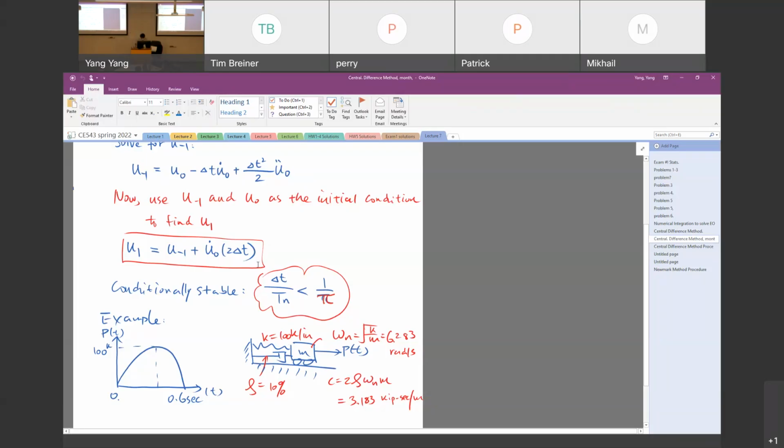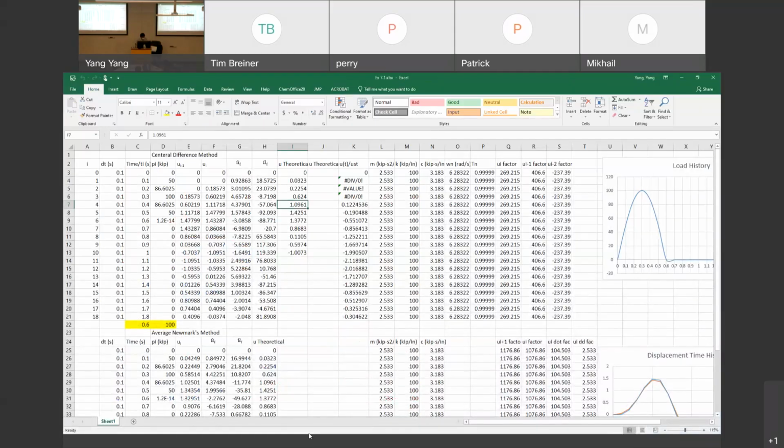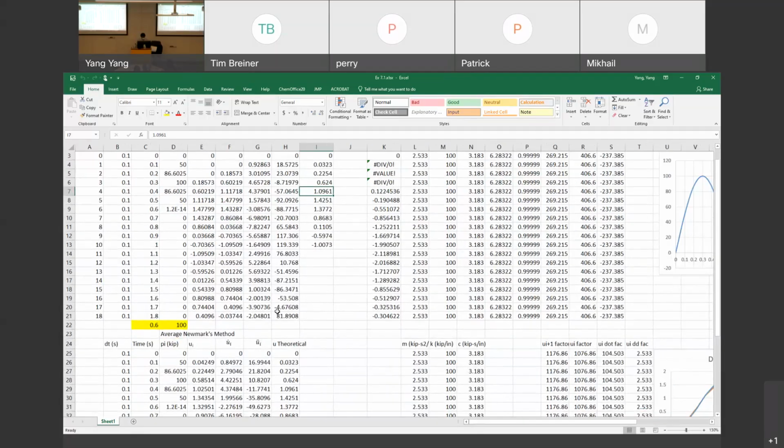So, and I also shared a spreadsheet that I used to complete this example. I'm not sure how many of you finished your homework based on this spreadsheet, or you developed your own spreadsheet. But you should be able to use this shared file to complete your homework assignment.